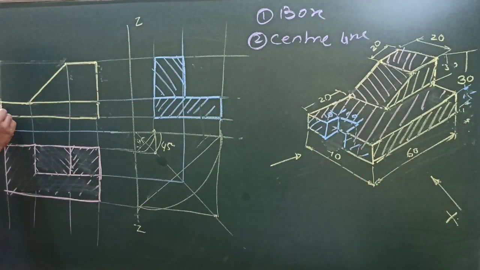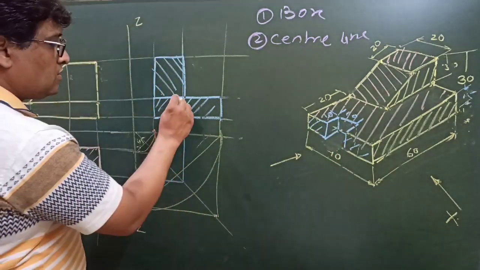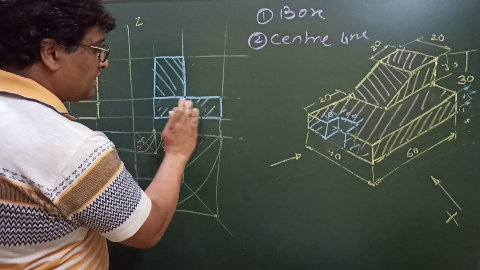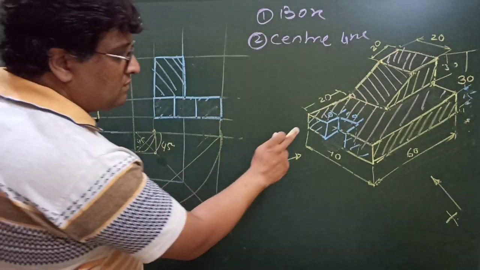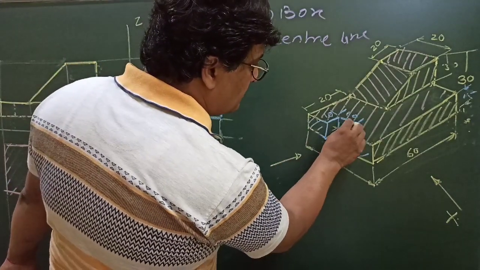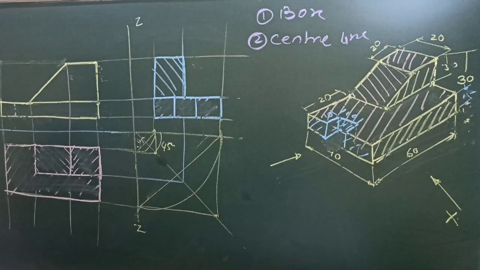So what you do, from here to 10 mm you have to draw hidden lines like this in the front view only. In side view it will not be hidden lines, only the rectangles will be there, 3 rectangles will be there like this. One rectangle, second rectangle this one, and third rectangle this one, right?